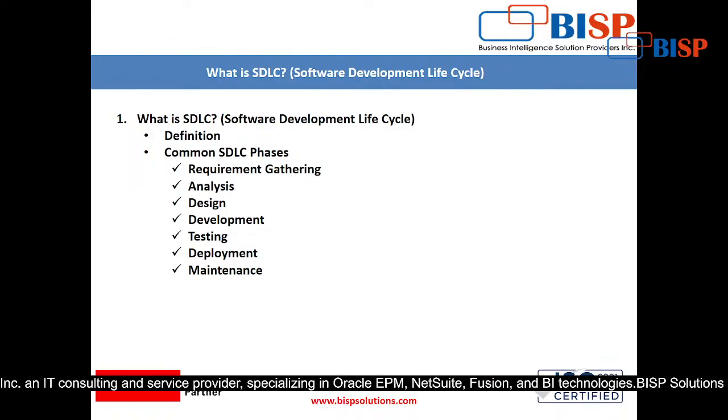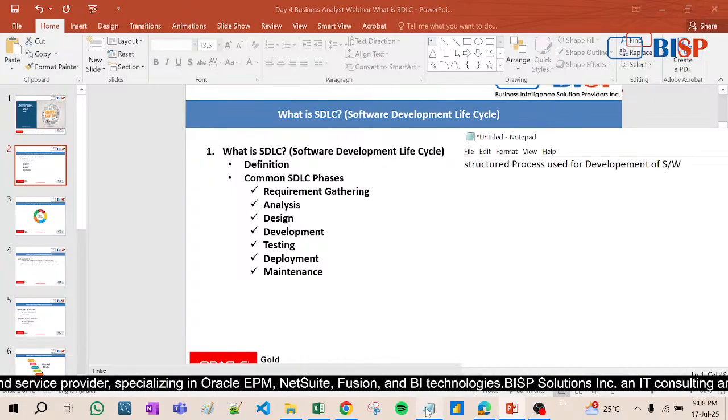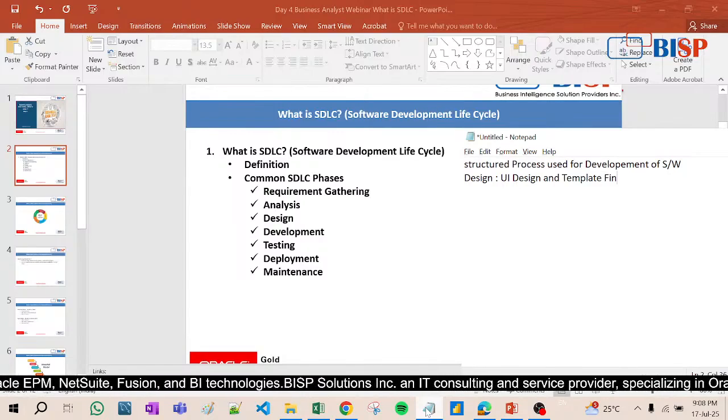Once the template is finalized, design means UI/UX, UI design and template finalization. Once the design is finalized, we will ask them, okay, this template we have selected for you, whether it is okay.